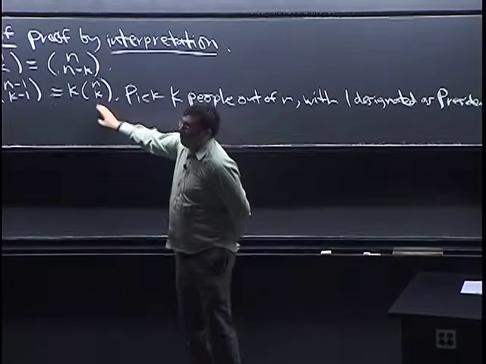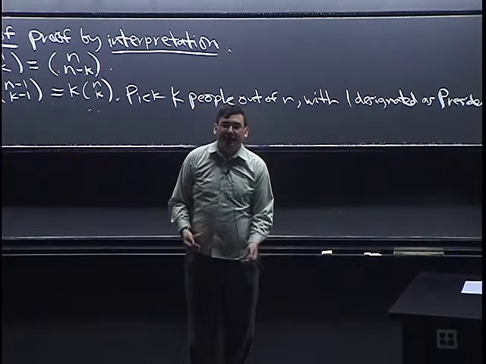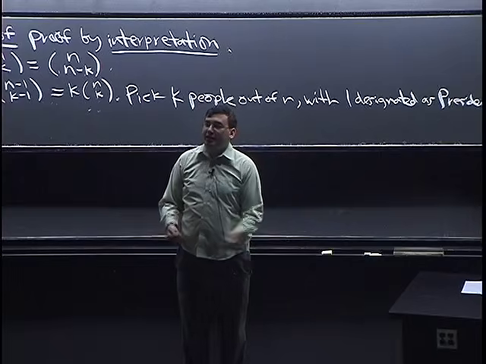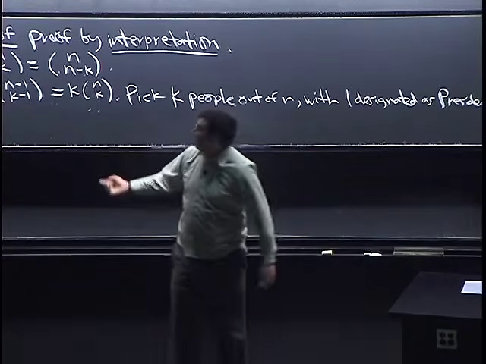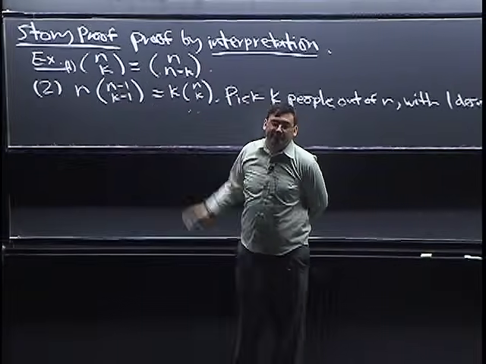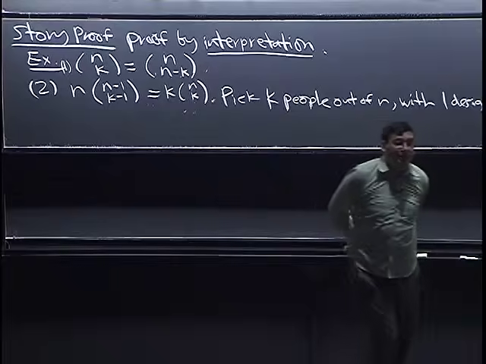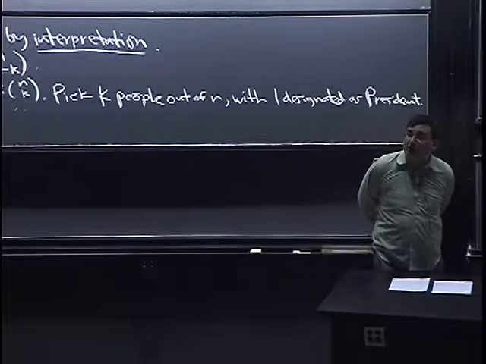That's this. But I could also just say, first choose the president, okay? And then once I have the president, then I need k minus 1 more people in my club, and those could be any of the remaining n minus 1. Again, the multiplication rule. They're the same thing. That's a proof. That's a completely rigorous mathematical proof, but it also gives you some interpretation.